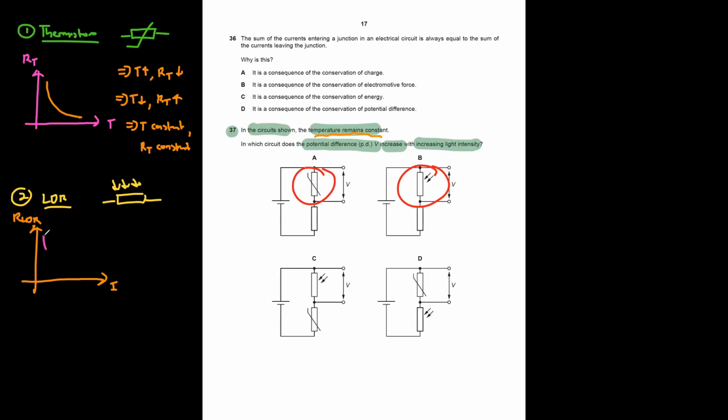You will get the same graph shape as that of the thermistor. So in your case, you would say when intensity increases, resistance of LDR drops. When intensity drops, resistance of LDR increases. So that's what you can say for the thermistor as well as the LDR.